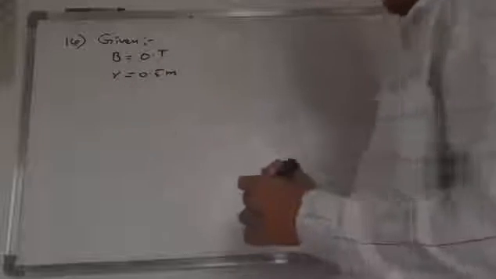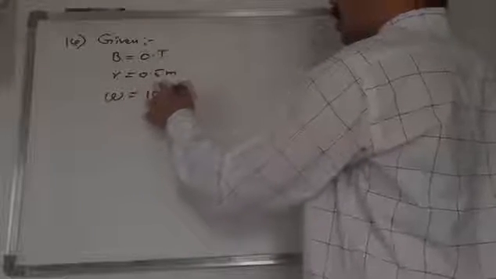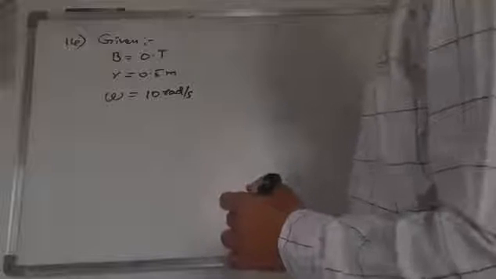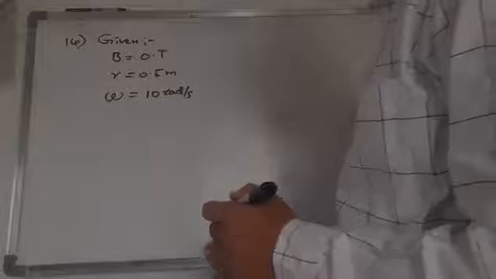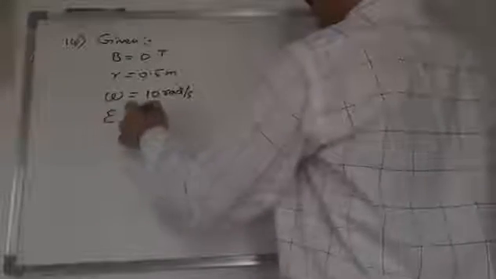Radius is given, B is given, and omega is given. Angular velocity is equal to 10 radians per second, and he is asking to find the EMF. So EMF is equal to how much? This is the question.